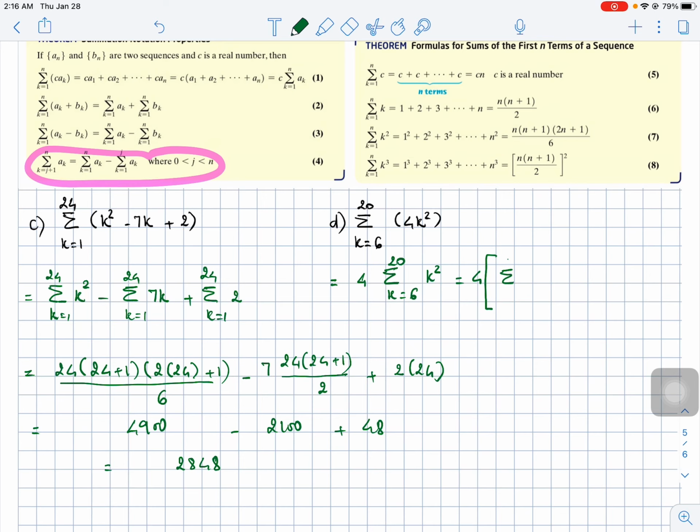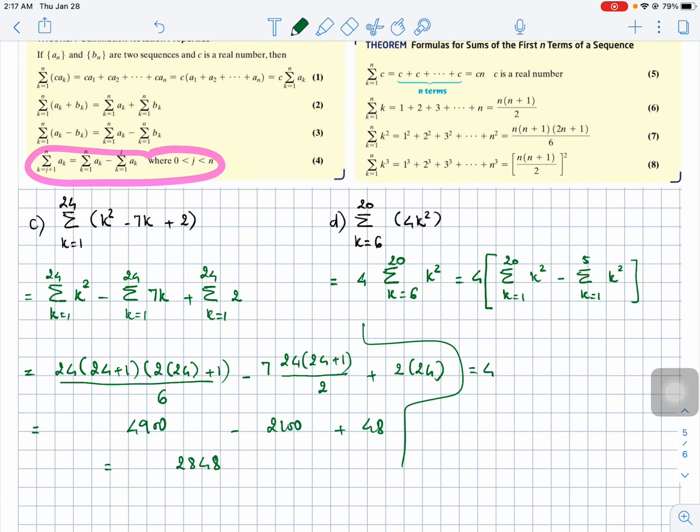So we will do the sum of the whole thing, which is k from 1 to 20, minus the sum of k from 1 to 5. The reason why we like to have k from 1 is because we can apply property 5, 6, 7, or 8.